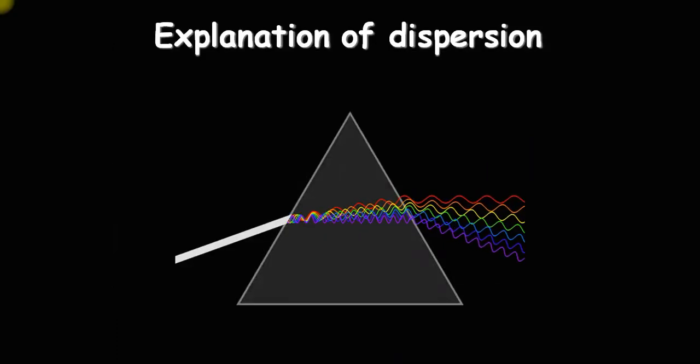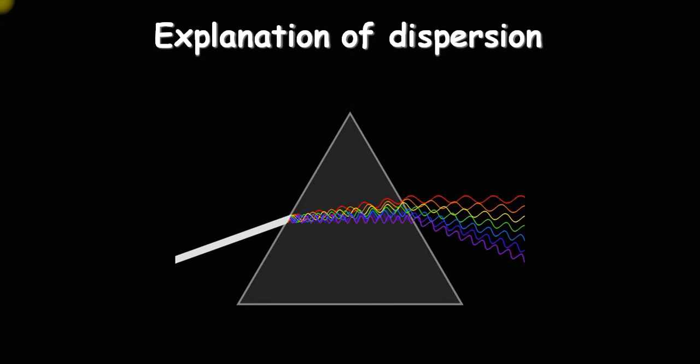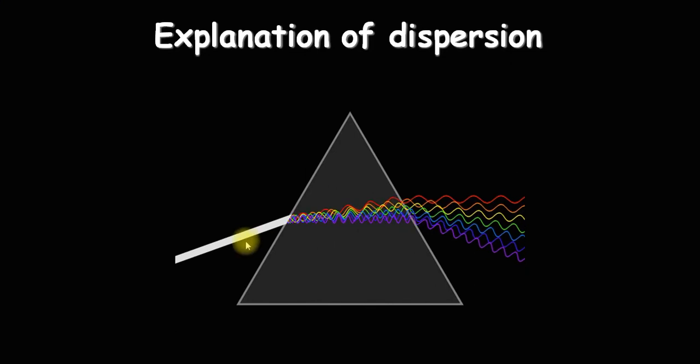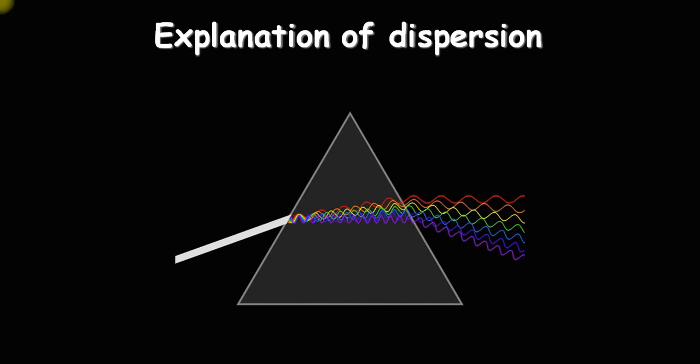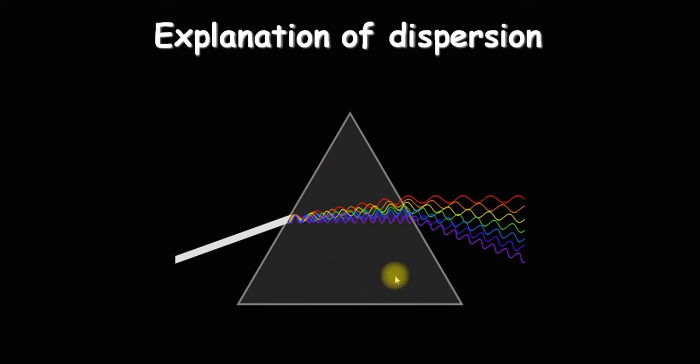Now, explanation of dispersion. Why does it occur? Why does the prism split this white light into several colors? Now, the reason is this. Number one, white light is made up of several colors which travel at different speeds in glass or in a prism like this.